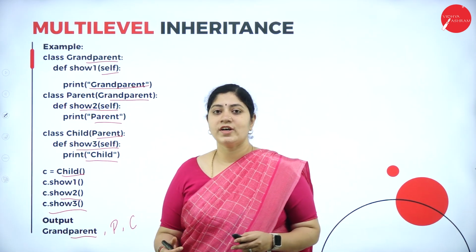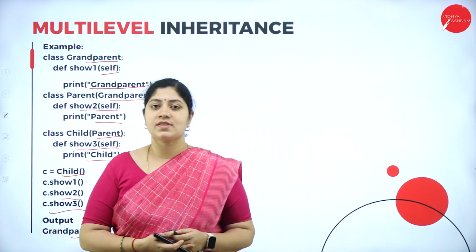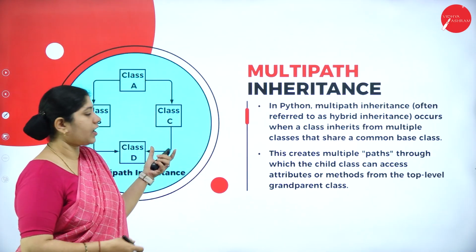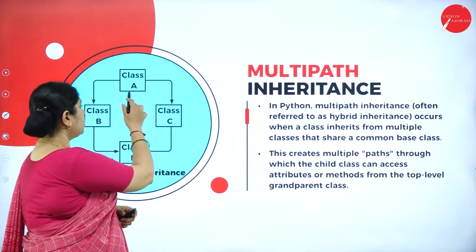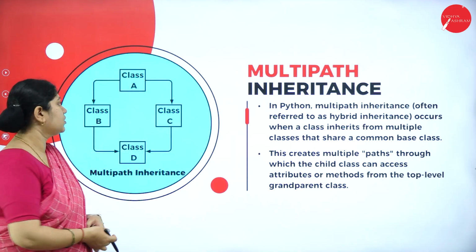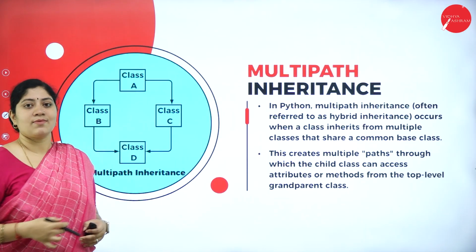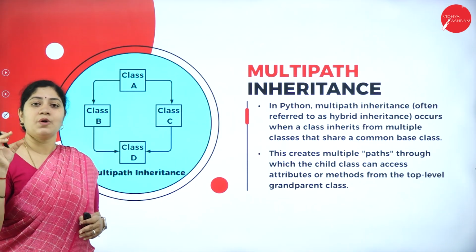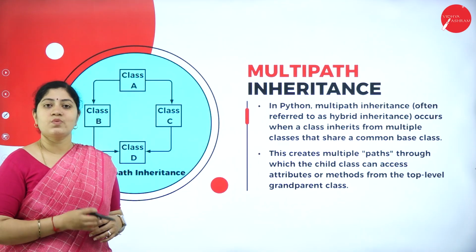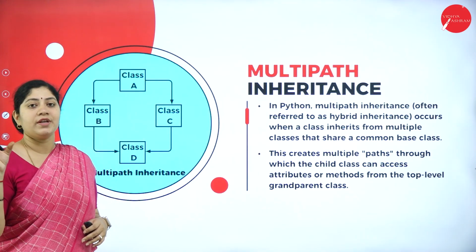Okay, let's move on to the next type of inheritance, that is none other than multipath inheritance. Here we can see that in multipath we have various classes with multiple paths. But out of these classes, we can note a common thing, that is all the classes share a common parent class.